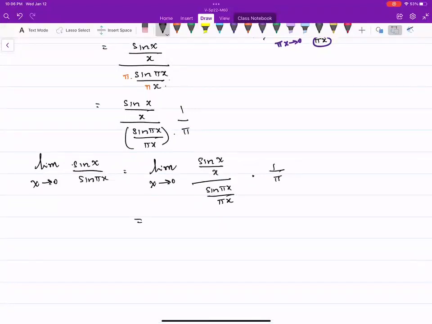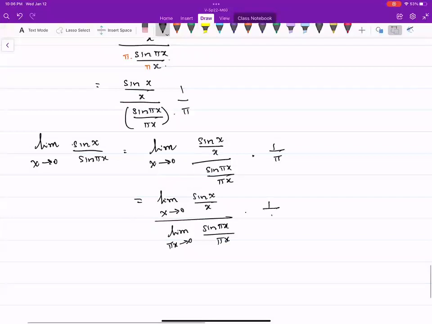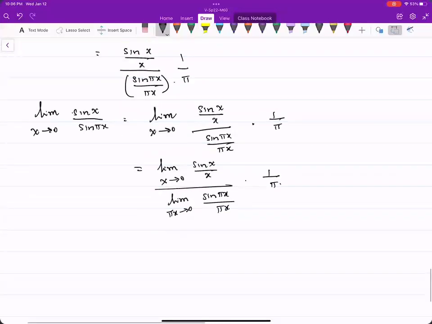So it is the limit of the numerator and the limit of the denominator, times 1 over pi. It is okay to assume that pi x is also tending to 0.